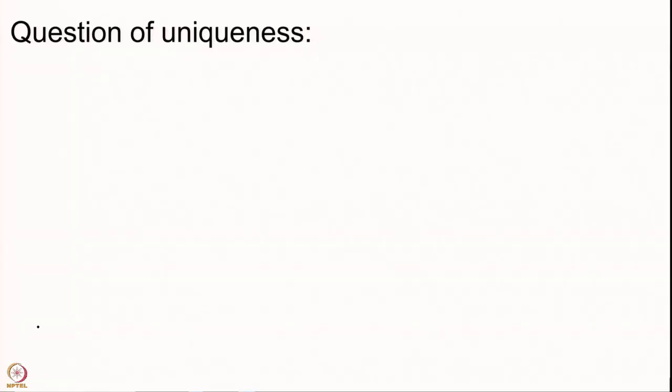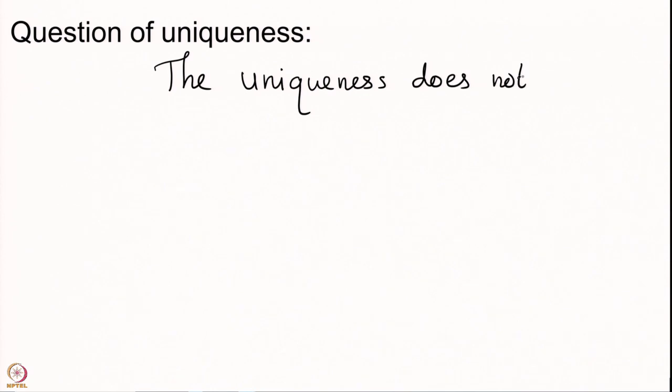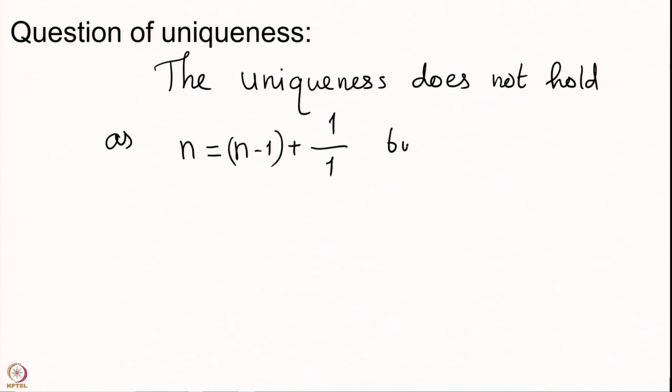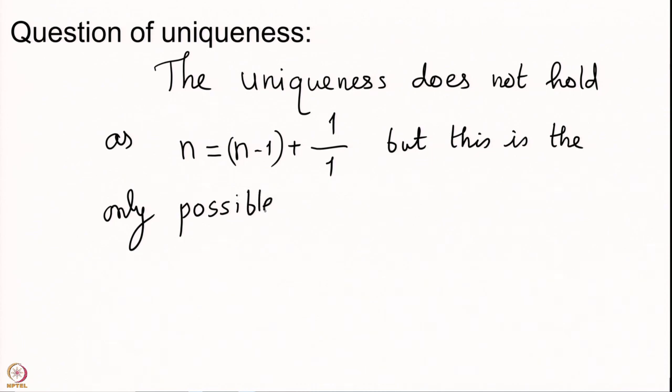There is of course the question of uniqueness, but we have already noticed that the uniqueness does not hold, as n is n minus 1 plus 1 upon 1, but this is the only possible such instance.